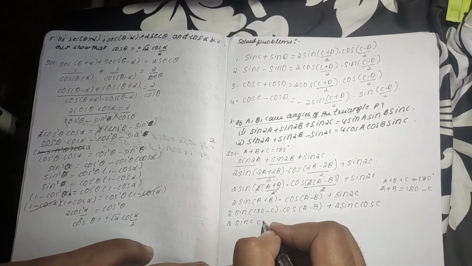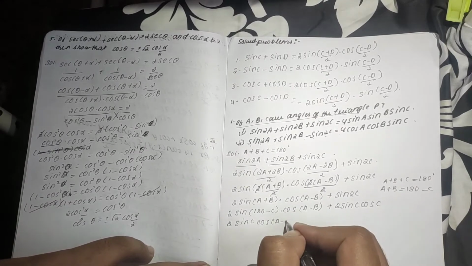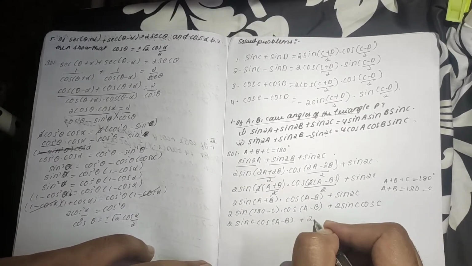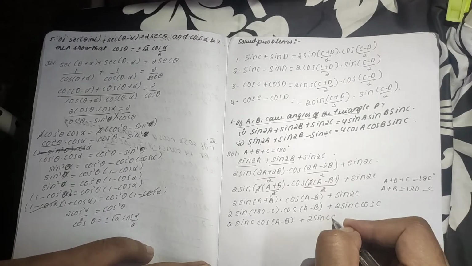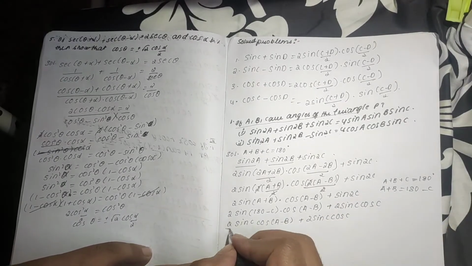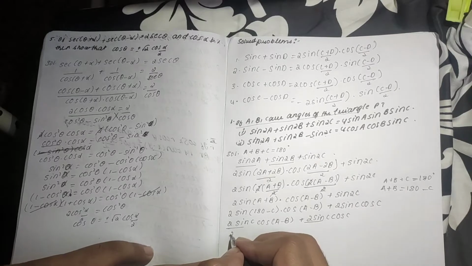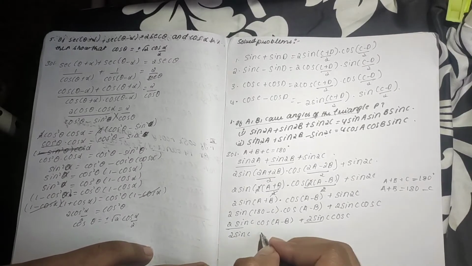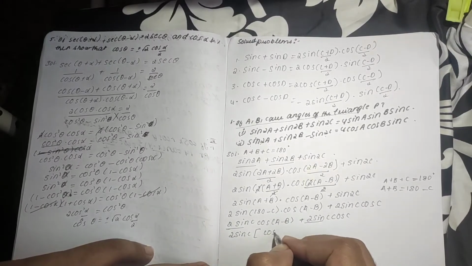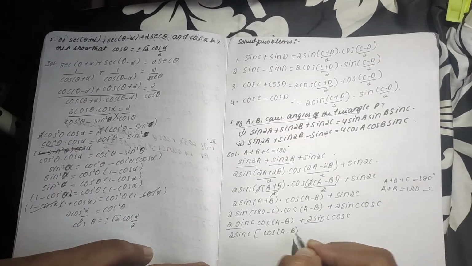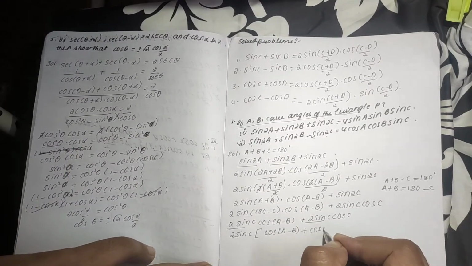So this is 2 sin C into cos (A minus B) plus 2 sin C into cos C. Take 2 sin C common. You are left with cos (A minus B) plus cos C.